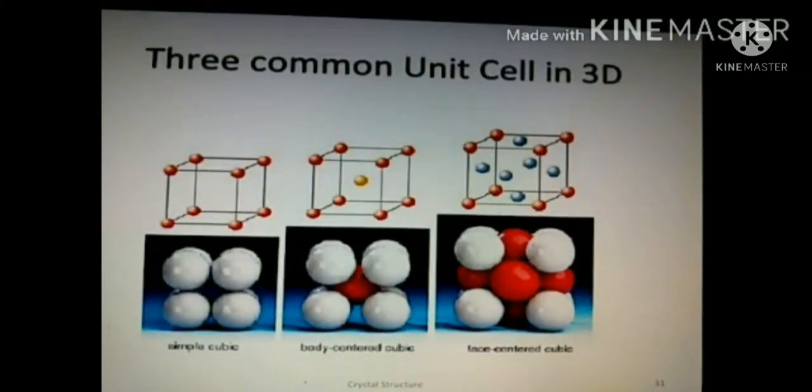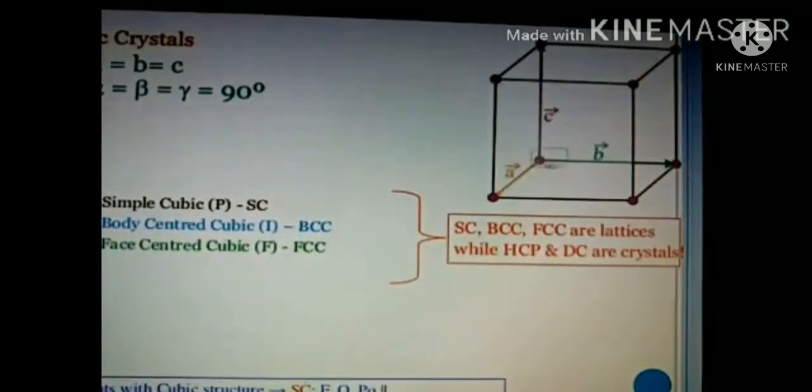These are the common unit cells in 3D, the three-dimensional structure. In the 3-dimensional video, we will see this in more detail. For cubic crystals, A is equal to B is equal to C, and alpha, beta, gamma are equal to 90 degrees.